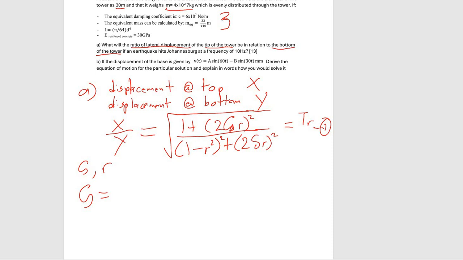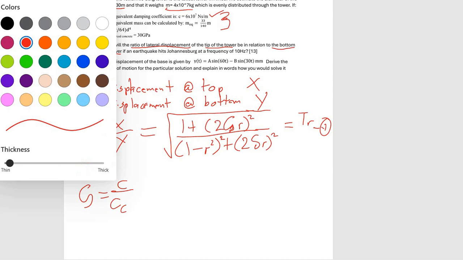So it's a ratio between the damping coefficient of the particular system divided by its critical damping coefficient, right? So in order for us to find zeta, we need to find the ratio of the damping coefficient, which is given here, versus its critical damping coefficient. So we also need to account for that.